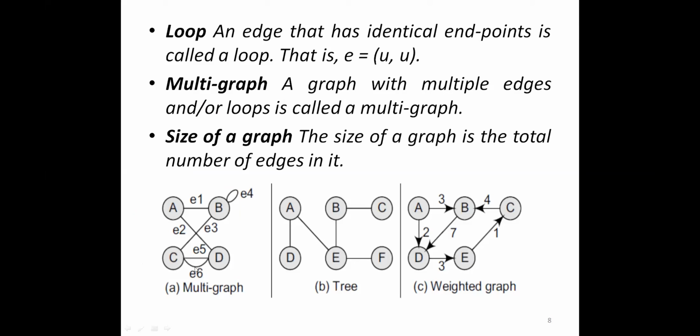There will be fewer kilometers when you go by bypass. If you have multiple edges, we say it is a multigraph. And one more thing to note: when there is no self loop or multiple edges, then we can say that the graph is a simple graph.